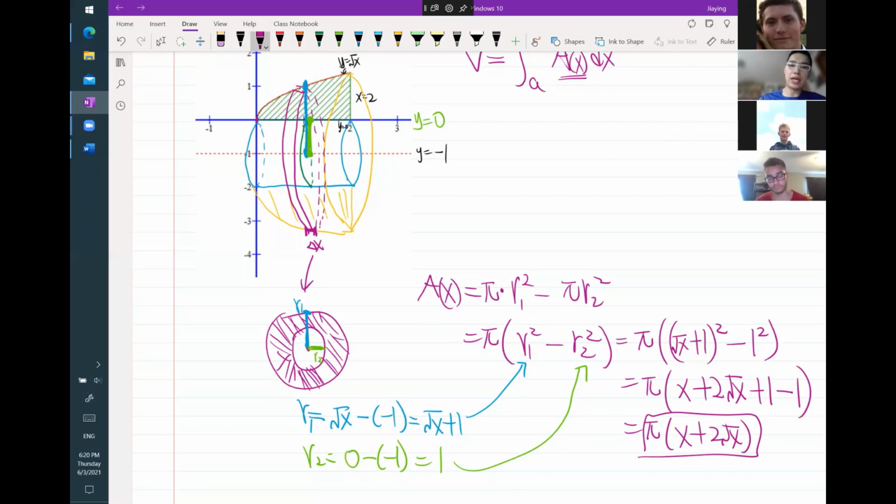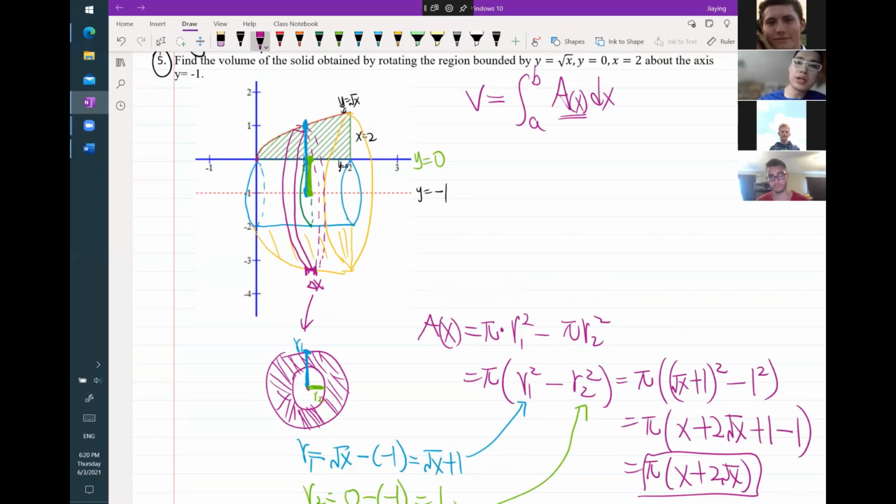Now we're going to put it back in the volume formula. So the volume becomes the integral from a to b, and I'm going to find a and b later, of the area, which is pi times x plus 2 square root of x, dx. Now, what about the boundaries? Since we're integrating with respect to x, we're just looking for the x boundaries from left to right.